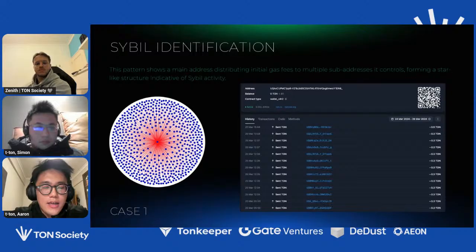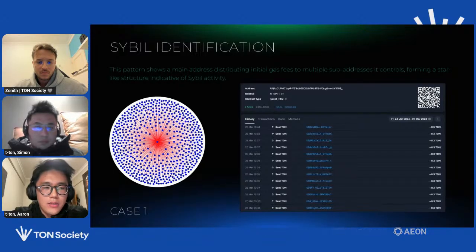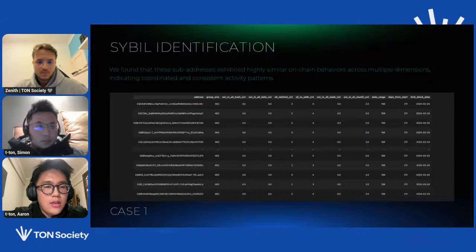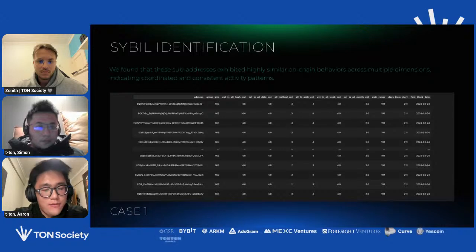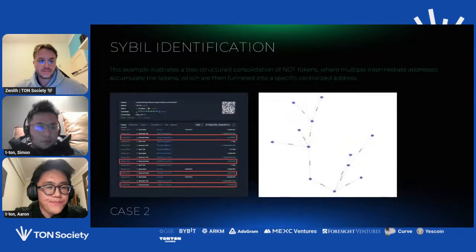In the first case study here, we observe a main address distributing initial gas fees to multiple sub-addresses under its control, forming a star-like structure. Next, we analyze the on-chain behaviors of these addresses across multiple dimensions like transaction frequency, active dates, and the interaction addresses. They also show similar patterns.